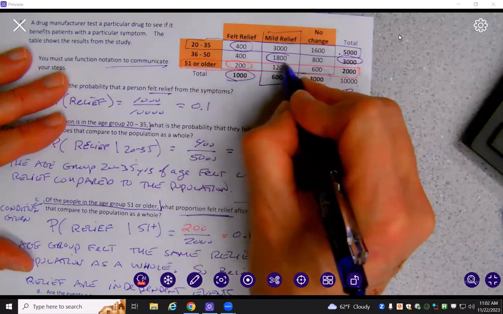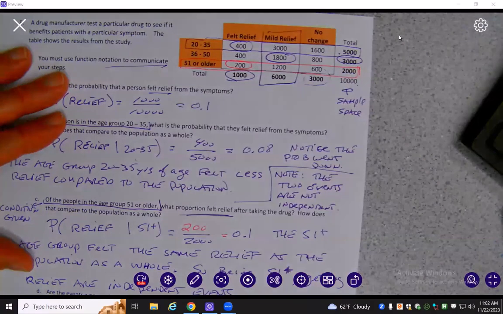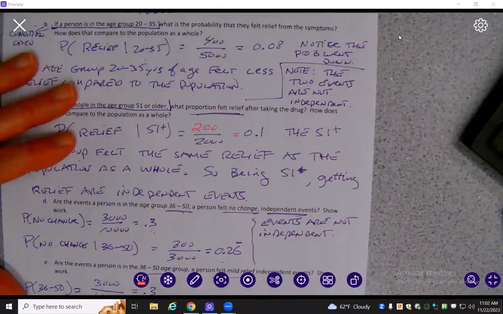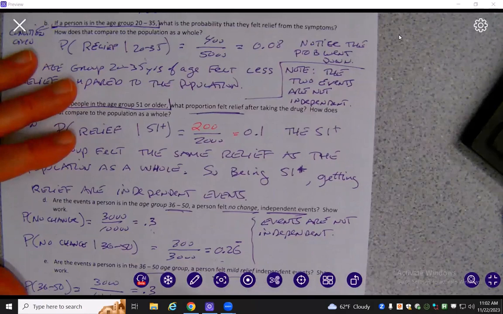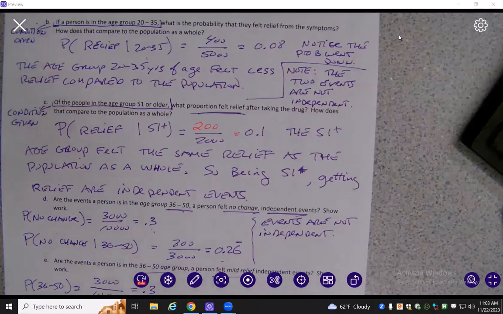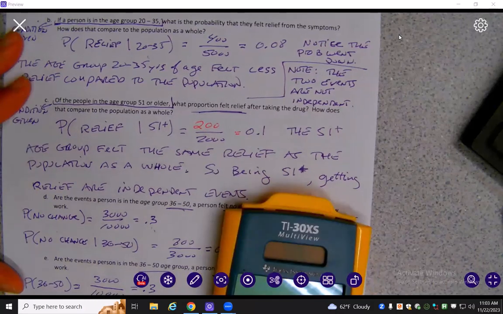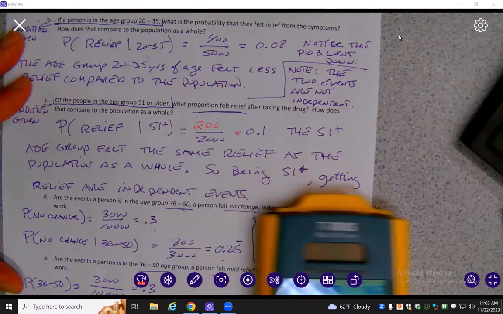There's only 1,800 that felt mild relief in the 36 to 50 group. So that's what goes on top. I take this number, 1,800, divide this by 6,000, and I get 0.3.